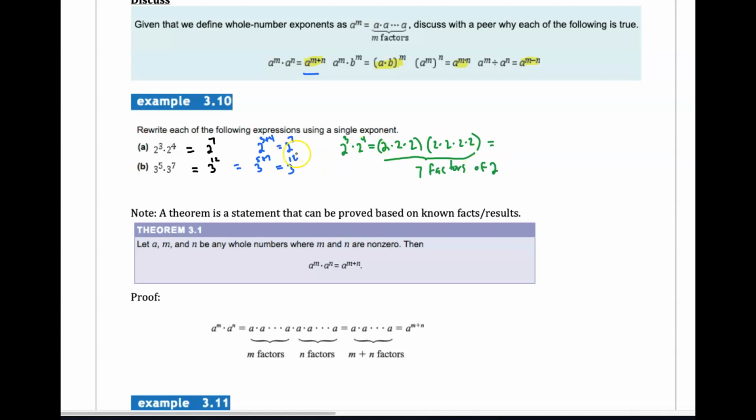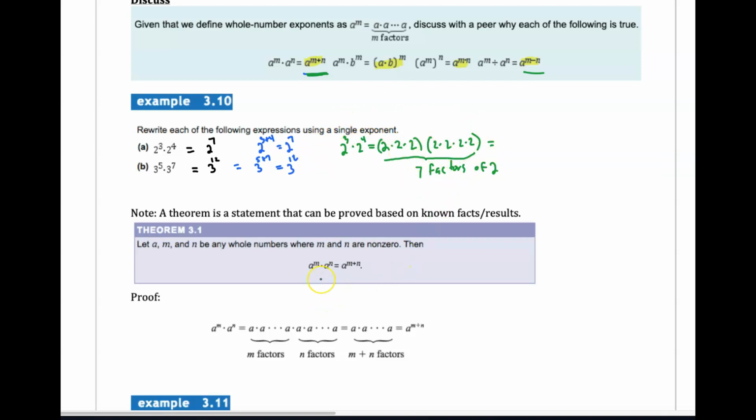That's why the shortcut is just 2 to the power of 7. Any shortcut in math more than likely has some reason for it. Instead of writing the full multiplication out, we use a shortcut, but first we need to understand what that rule is.